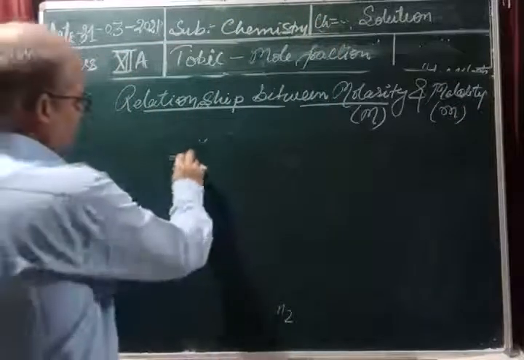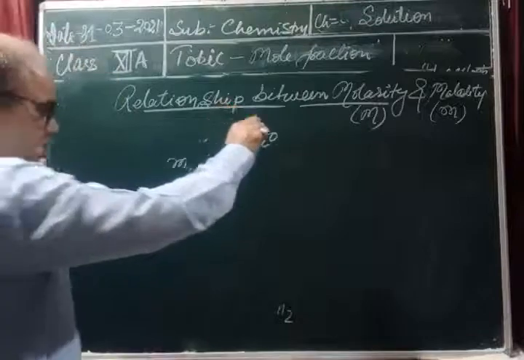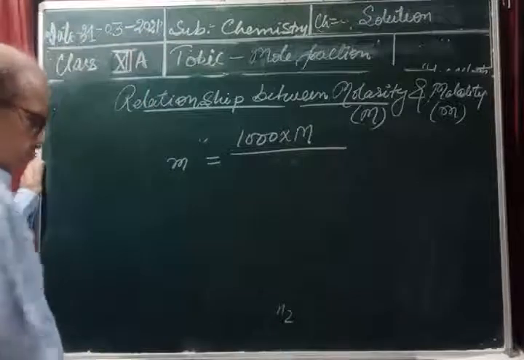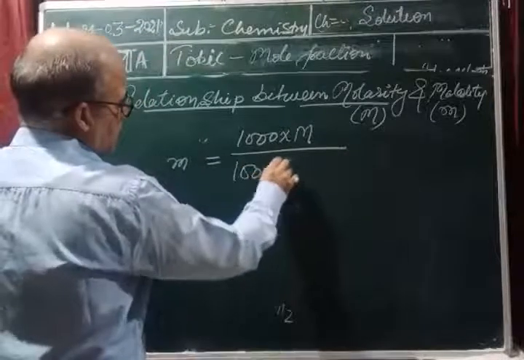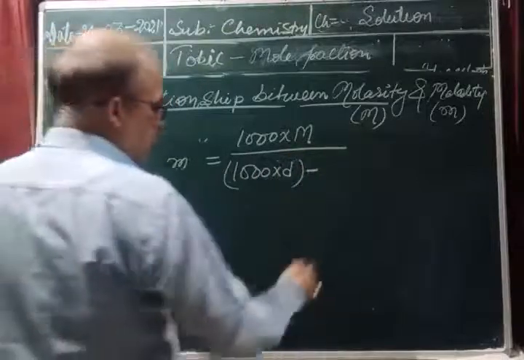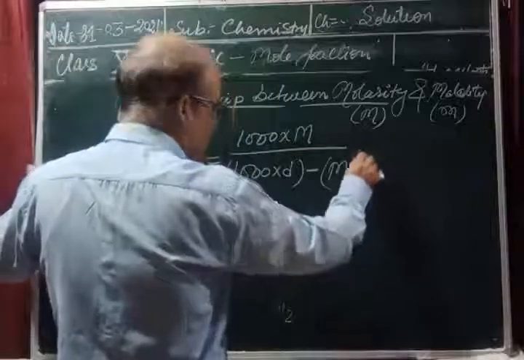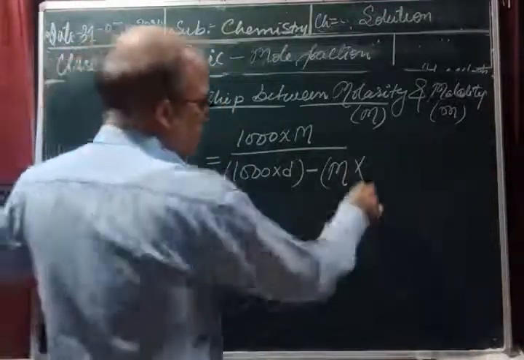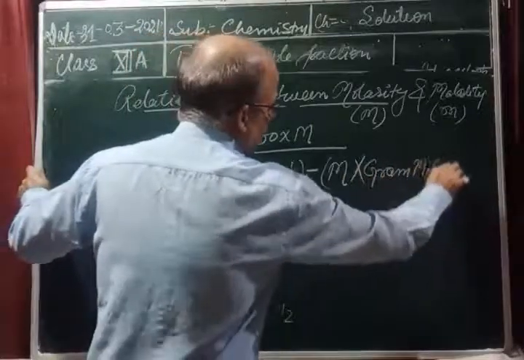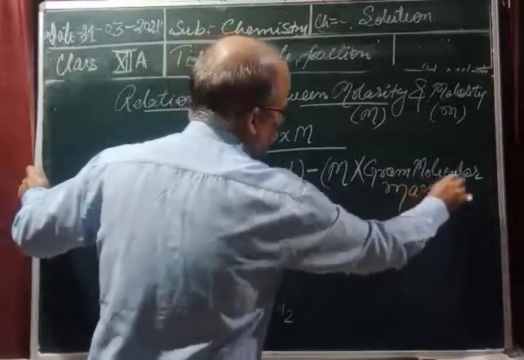Then molality is equal to 1000 into molarity upon 1000 into density minus molarity into gram molecular mass of solute.